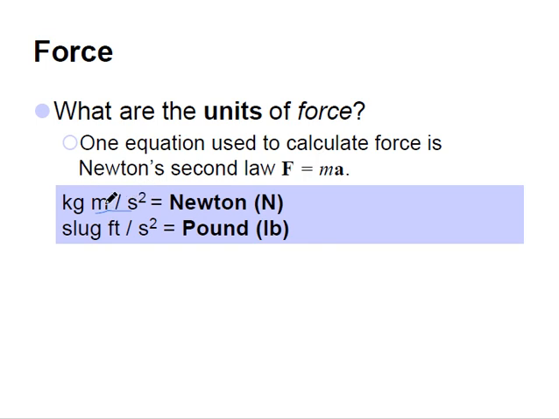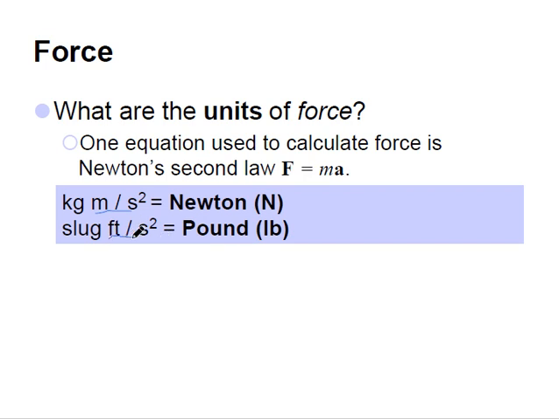So when you look at it, you know that's force because this is going to give you mass, and that is going to give you acceleration. Every time you see mass and acceleration, you've got a force. Another one is your US customary system, which is the pound, which is slug feet per second squared.